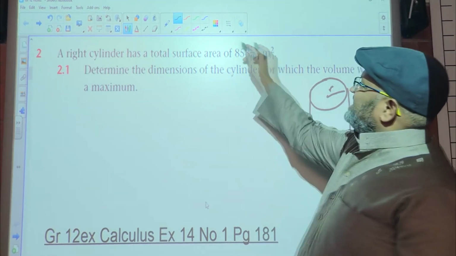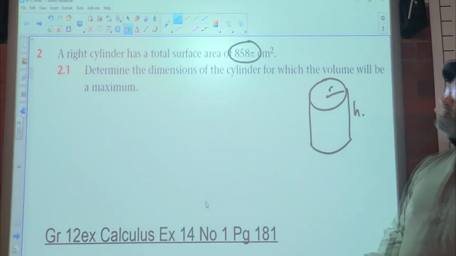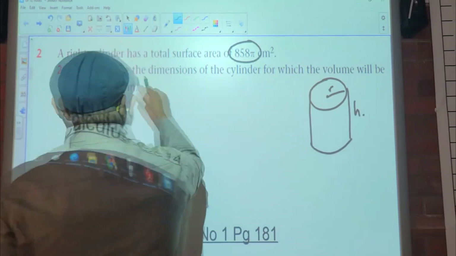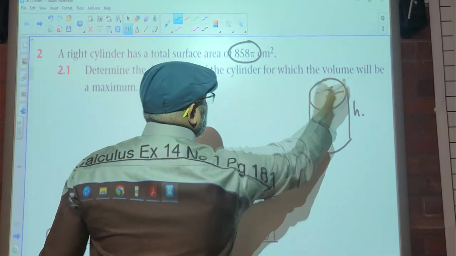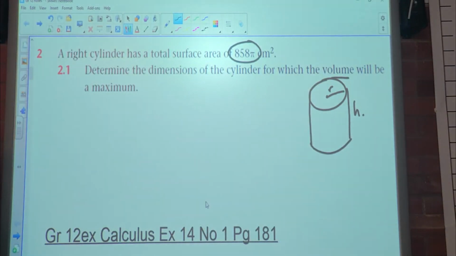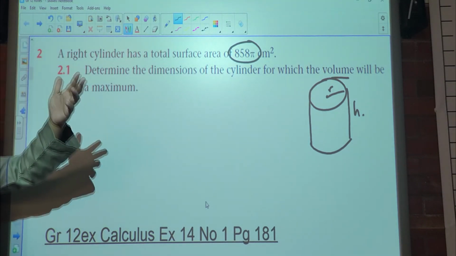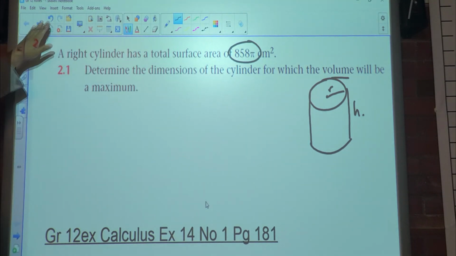It has a surface area. So of course now we're going to work with the surface area and I'm sure they're going to ask you with regards to maximum volume. You guys understand? The question says determine the dimensions of the cylinder for which the volume will be a maximum. So they give you the one, you must work out the other, or they give you the other and you must work out the first one.